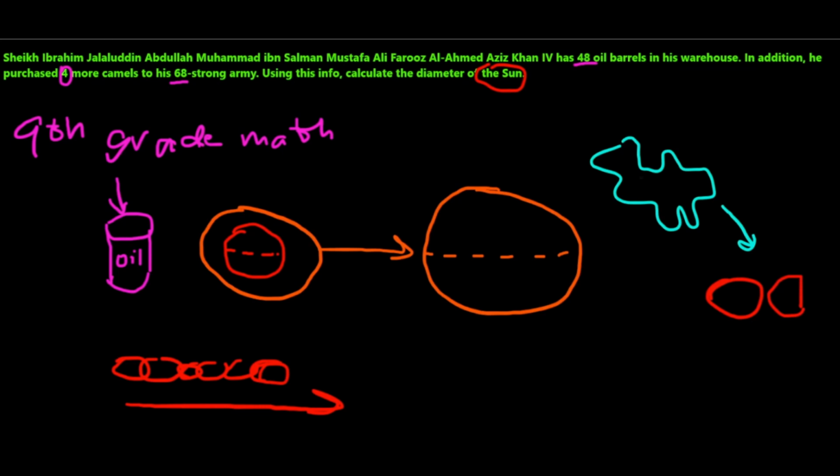So let's take it in terms of only oil barrels. Now, if we take these oil barrels, 1.5 oil barrels, we know there are 48. So what's the first step of this? We divide 48 by 1.5, which we get 32 oil barrels.